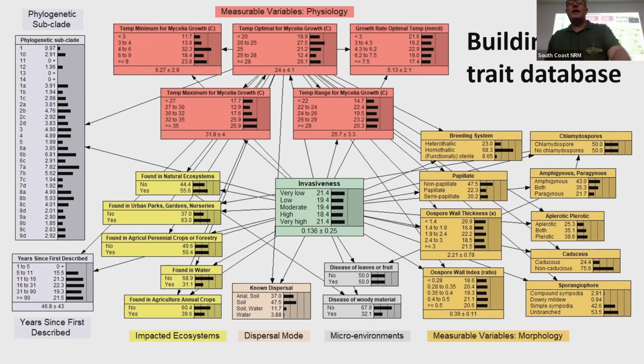And then these are the traits that the model said were the most informative for predicting the invasiveness. So these include things like the year since it was first described, information on the impacted ecosystem, the dispersal mechanism, the physiology, the morphology of the Phytophthora species, the microenvironment. And this is our Bayesian network.